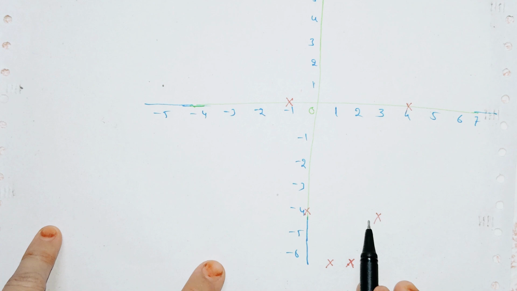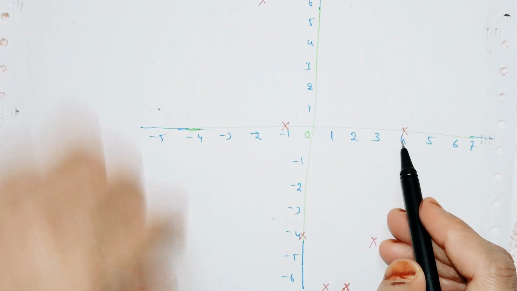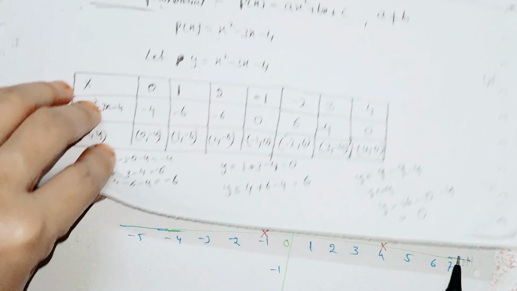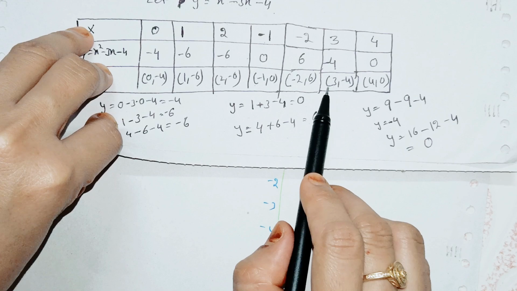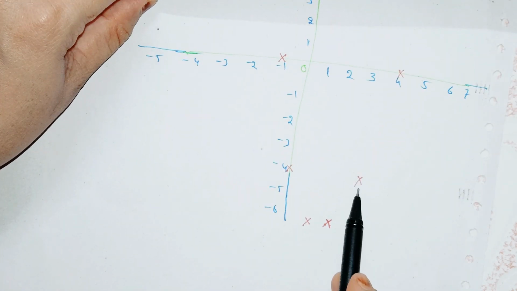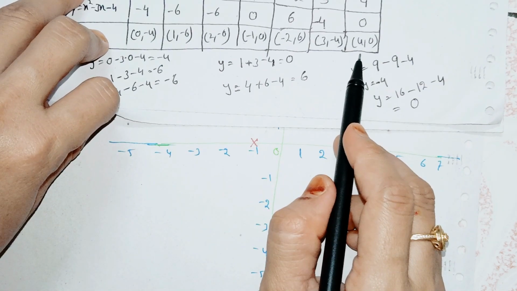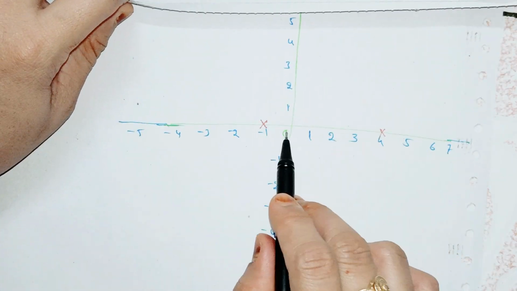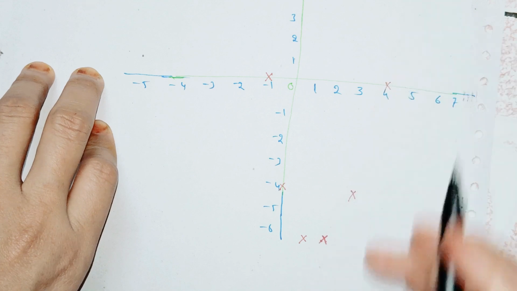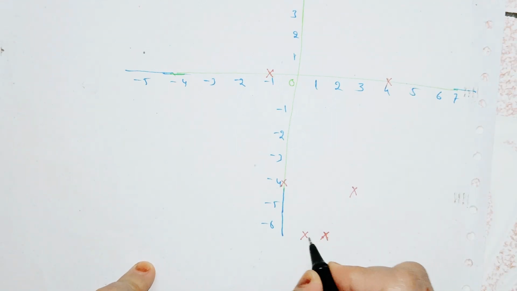Okay, is it visible, guys? So next our point is 3 comma -4. I have already drawn this here. Sorry, it was not visible before. 3 comma -4. Then last point is 4 comma 0. Here 4 comma 0. Now we'll join all the points.